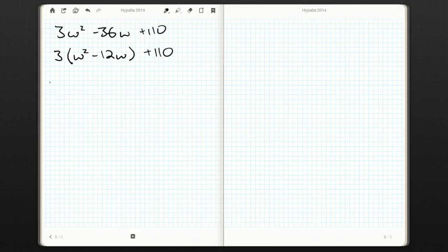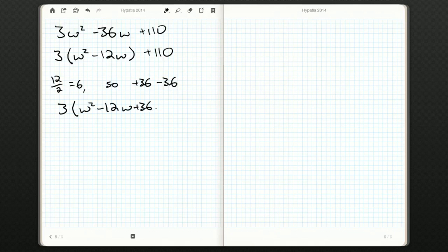Okay, so we have 12W, so we're going to add in 36 and we're going to subtract 36. Plus 36 minus 36, and we still have this plus 110 here.